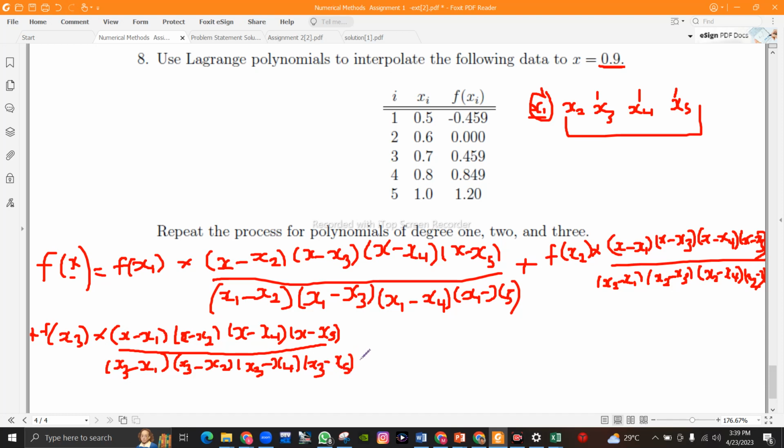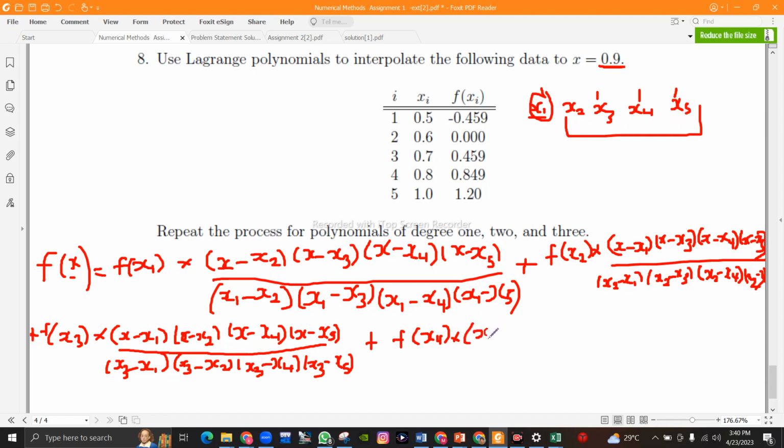We also do for 4. For when x is 4, that's f of x4 times, we take every other thing, x minus this, x minus this, x minus this. We will not do x minus x4 because we are interpolating x4 now. Then x minus x5.